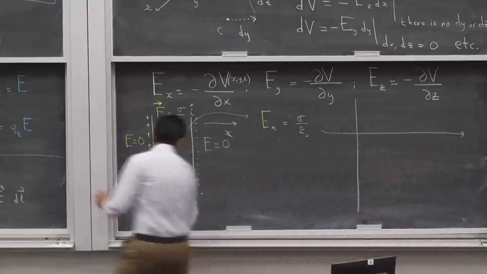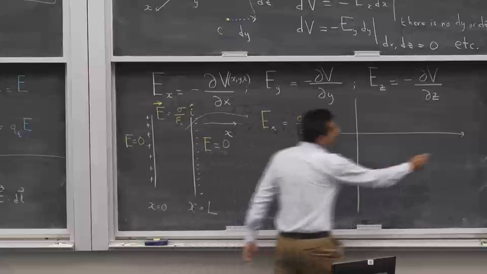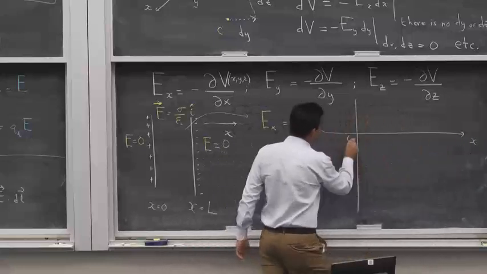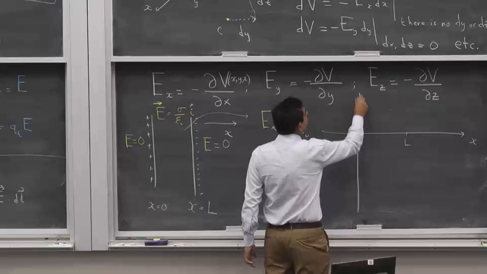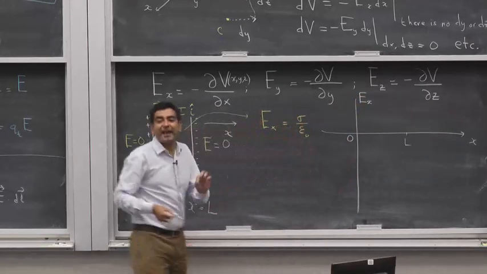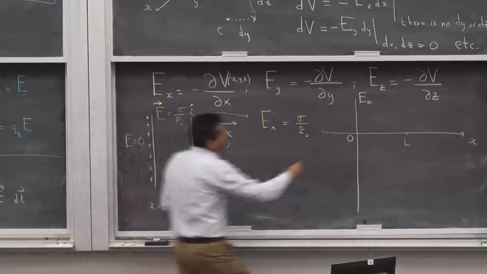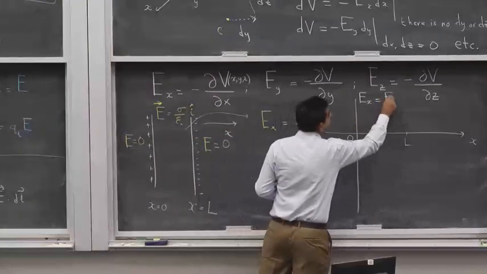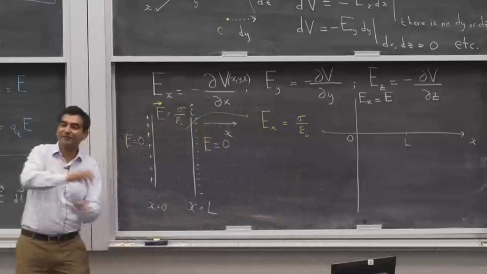This separation is L. So this is the x-axis, this is 0, this is L. Now, first of all, let me draw Ex. I'm not drawing a vector, I'm drawing the x component of the electric field, which happens to be the electric field itself, because the electric field only has an x component, it doesn't have a y or z component. So all of the electric field is along the x-axis.